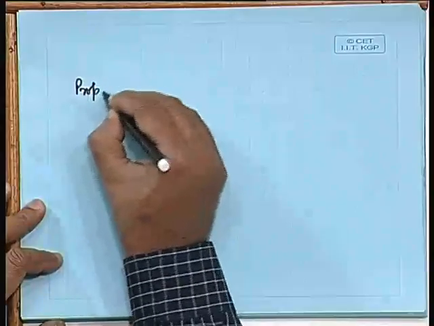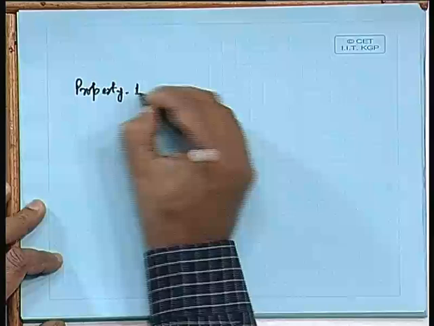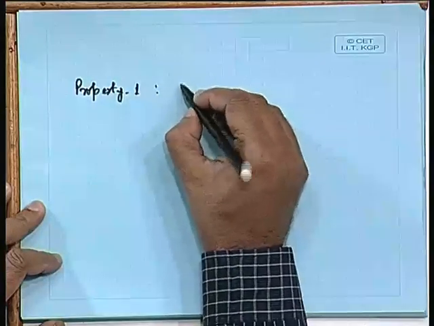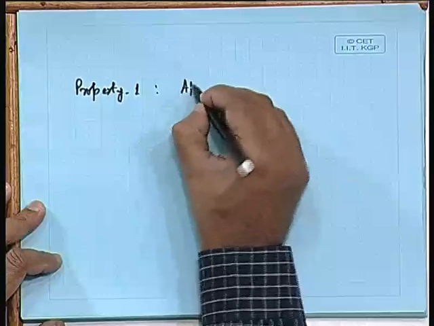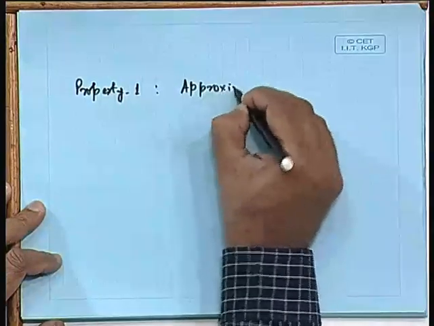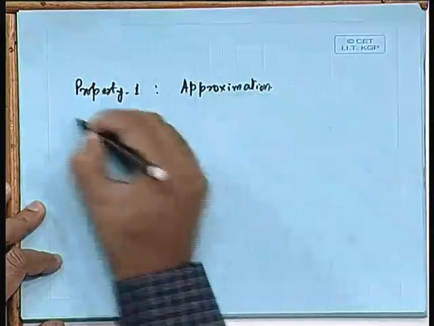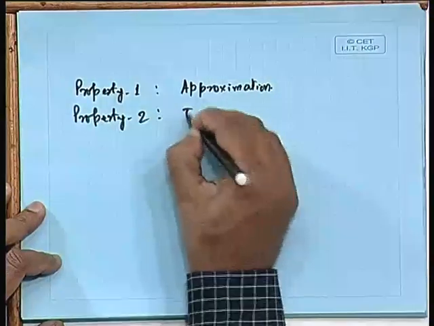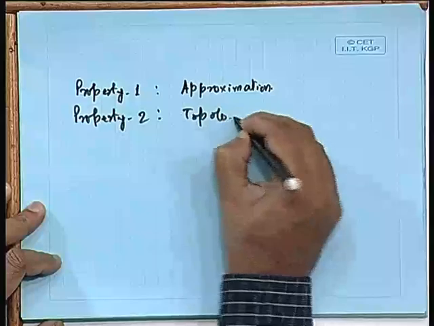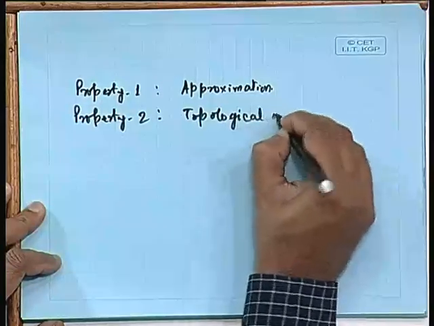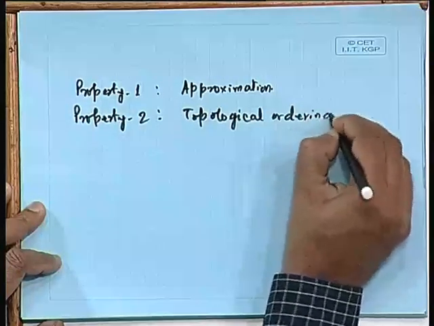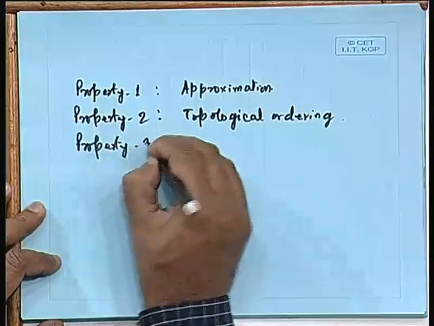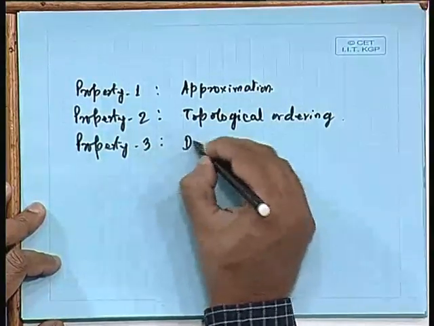Let us list out the four properties. If we call property 1 the approximation, which we have just now described, property 2 the topological ordering, which also we discussed, and as property 3 we can mention the density matching.